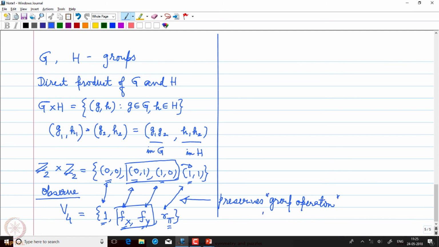Any map that preserves group operation is called a homomorphism, and a homomorphism which is also invertible is called an isomorphism. So therefore, Z2 cross Z2 and V4 are isomorphic.